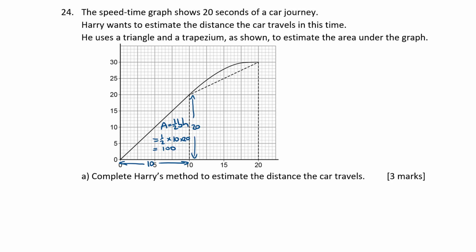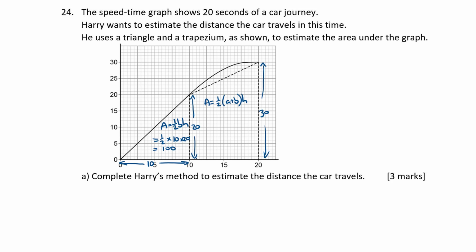Now for a trapezium, area is equal to a half (a plus b) times h, where a and b are your parallel sides. So basically you're averaging out your two parallel sides and multiplying by the distance between them. I already know a, it's that 20. B is going to be this length here, which is 30.